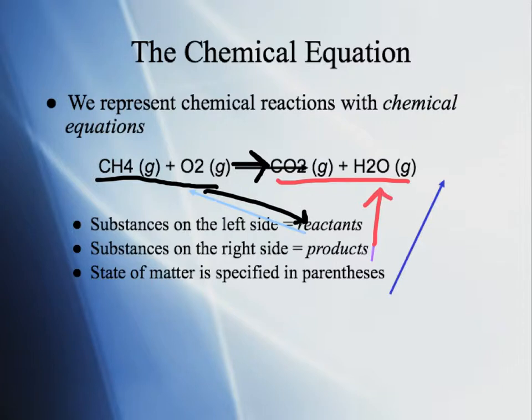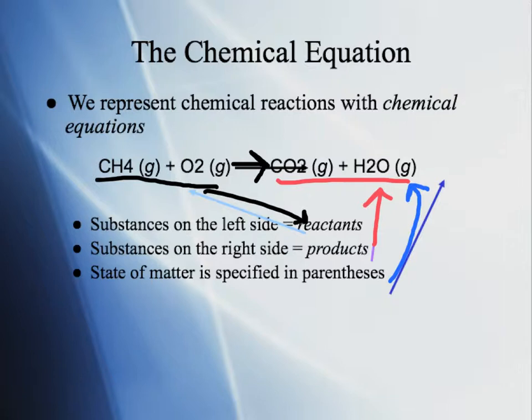And sometimes, not all the time, but sometimes in a chemical reaction, we can specify the states of matter that each of the products and reactants are in. And so we put that in parentheses behind each substance. So you'll see here this blue line is supposed to be pointing up to the little g in parentheses, which means gas.